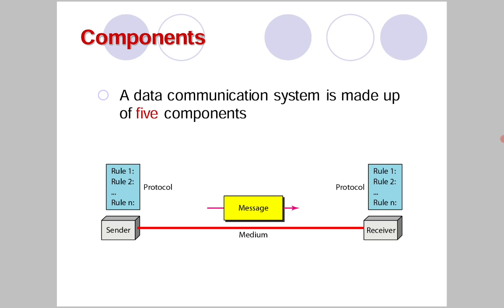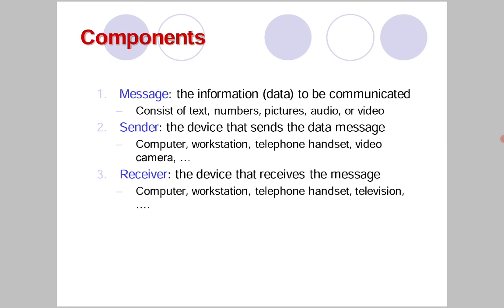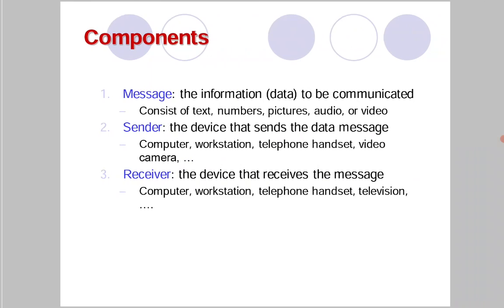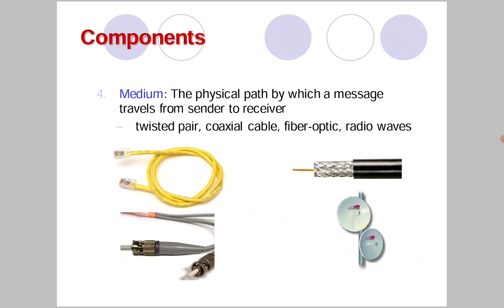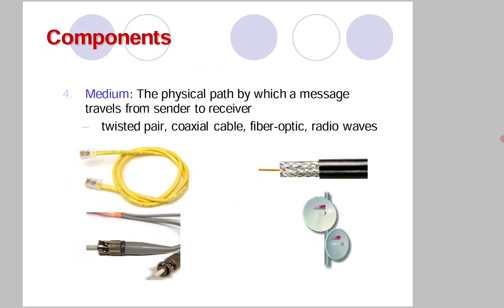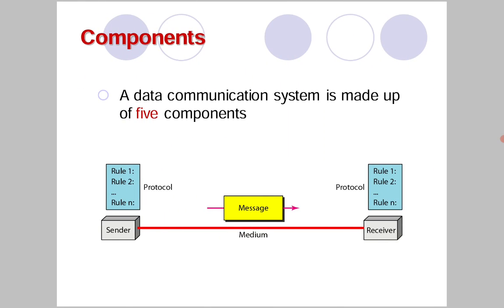A data communication system is made up of 5 components. These are: first one is message, second one is sender, third one is receiver, fourth one is medium, fifth one is protocol. So these are the 5 important components.